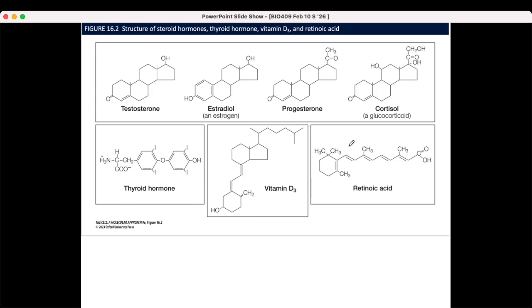That's just our super hydrophobic rings and just a couple hydroxyl groups. You know, ethanol has just 2 carbons and a hydroxyl group, and ethanol is already not very soluble in water. And that's got, like, 18 carbons or whatever. So just not soluble in water. And these are some examples of ligands for the nuclear receptor superfamily.